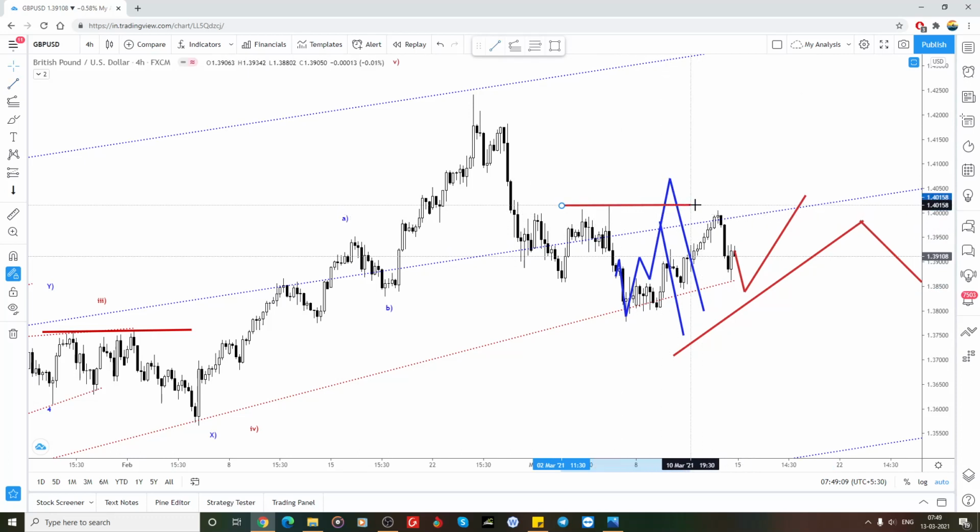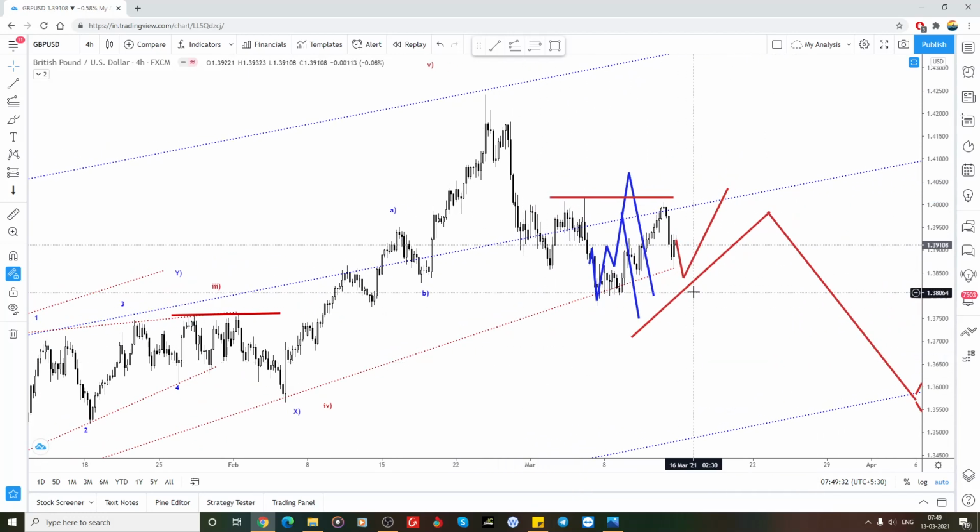So it could be a running flat also. I expected this as an expanded flat, as I explained last week, but if it doesn't break the high, it can get rejected as a running flat. So since it didn't break the high, I'm expecting maybe another complex correction.